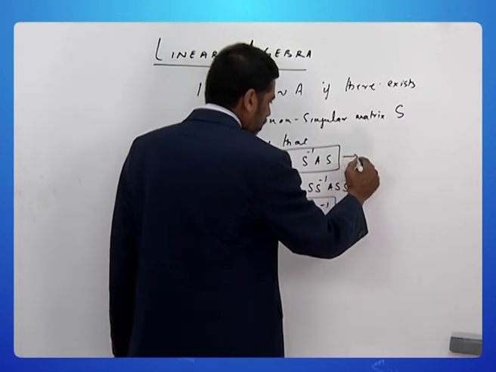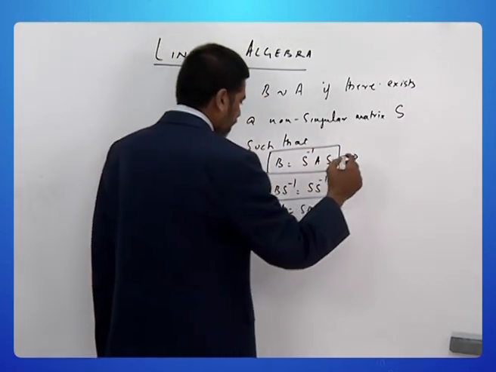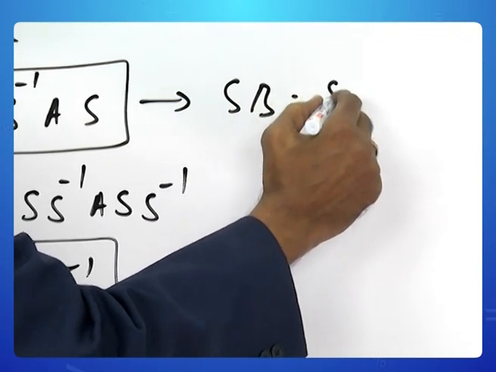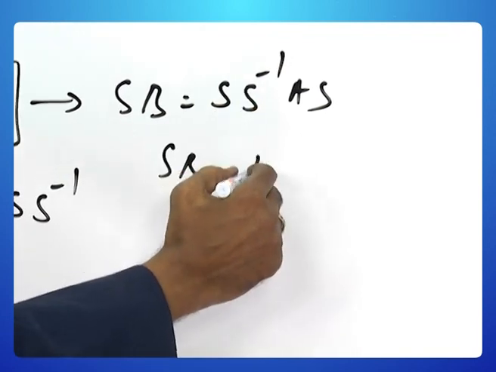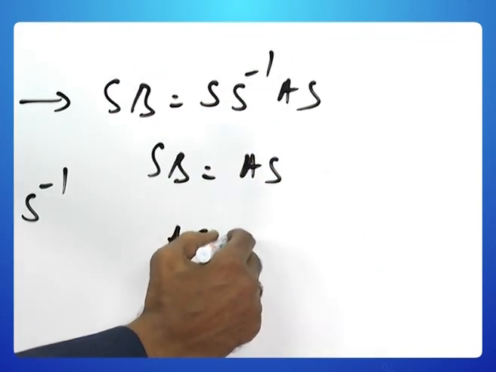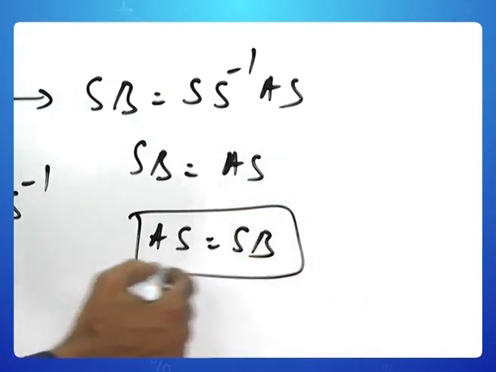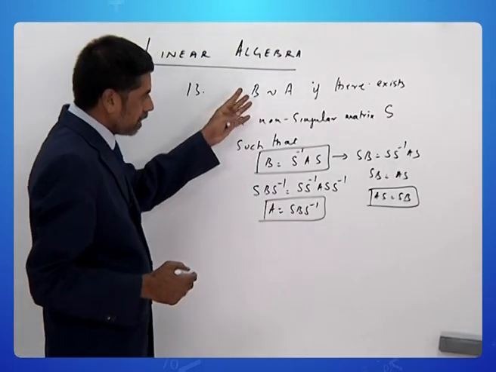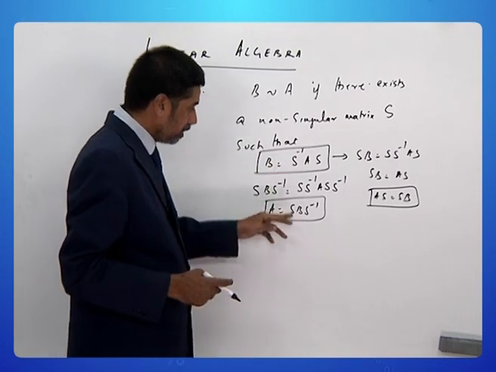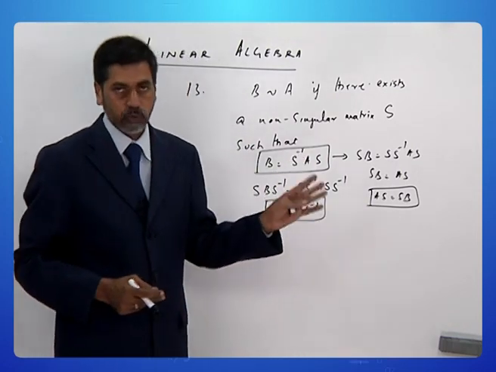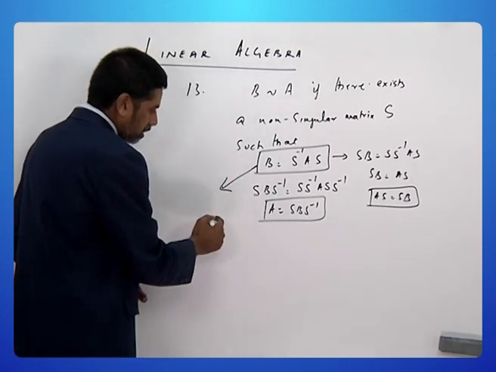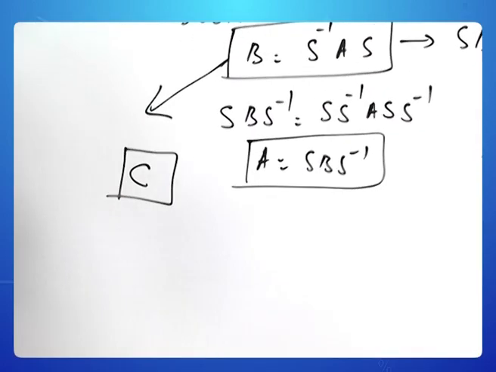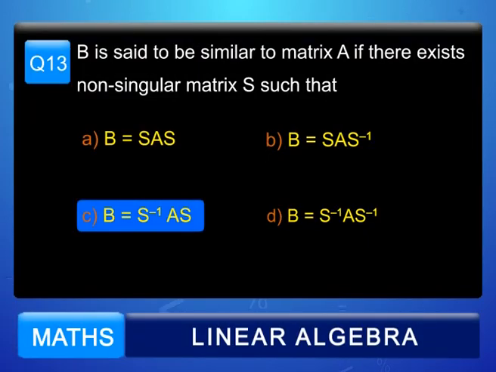Also, if you only pre-multiply with S, SB is equal to S inverse AS, which gives SB is equal to, this is I, so you get AS, or AS is equal to SB. So the similarity of two matrices A and B in the present context can have any one of these three options. All of them are equivalent. As far as this problem is concerned, this can be seen as option C. This is the correct answer. But one may remember all three as being equivalent to each other.